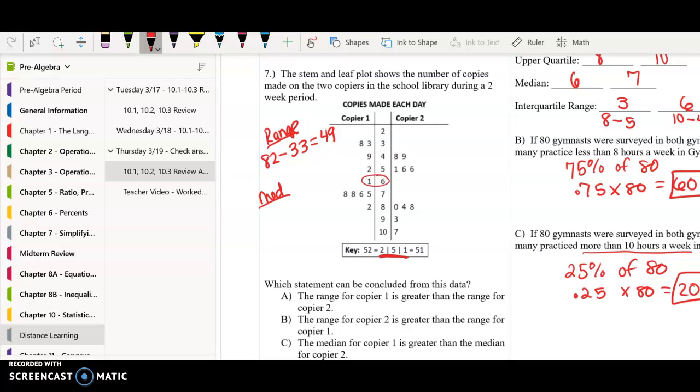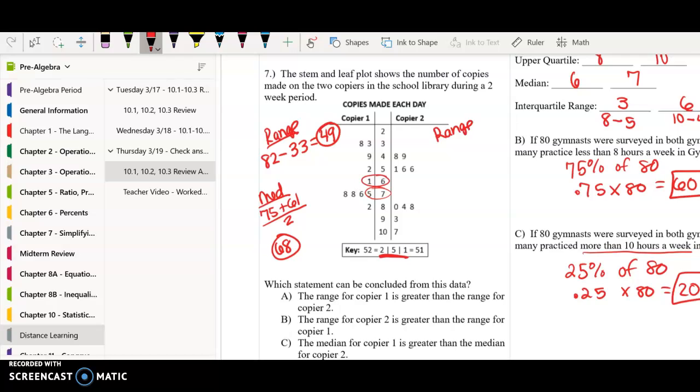So 61. And then 1, 2, 3, 4, 5, because I'm going to go from the largest. So 82 to 78, 78, 76, 75. So my median is going to be between 75 and 61. And so I'm going to add those up and divide by 2, and that will give me a median of 68.